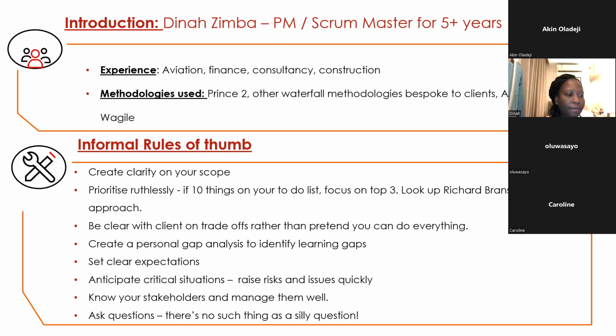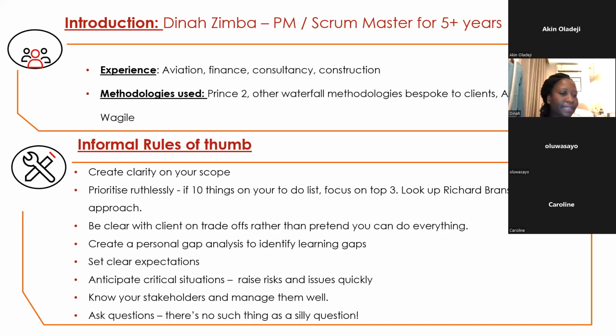Do they want reporting every week, or is it a monthly reporting? It will help you plan your communication strategy as well. How often do you need to communicate with the project team? Once you have your clear expectations, it will also help you build up your RACI document, because you know what your stakeholders want.